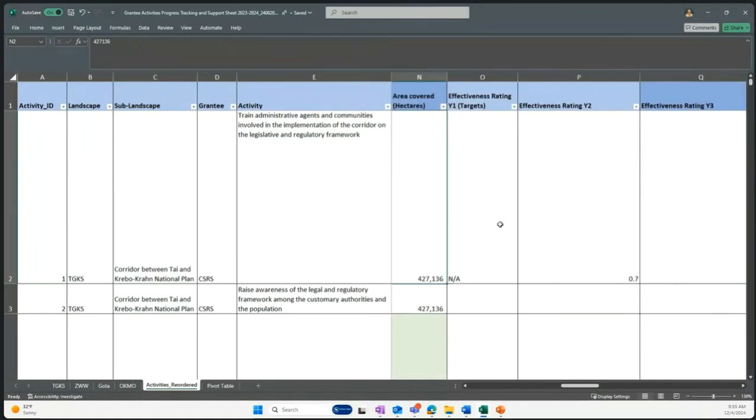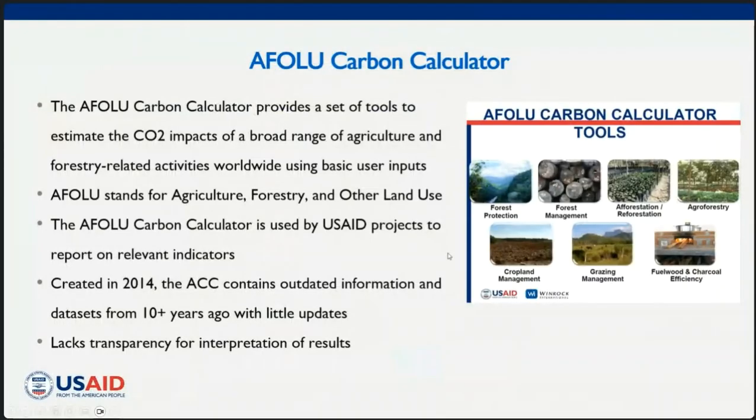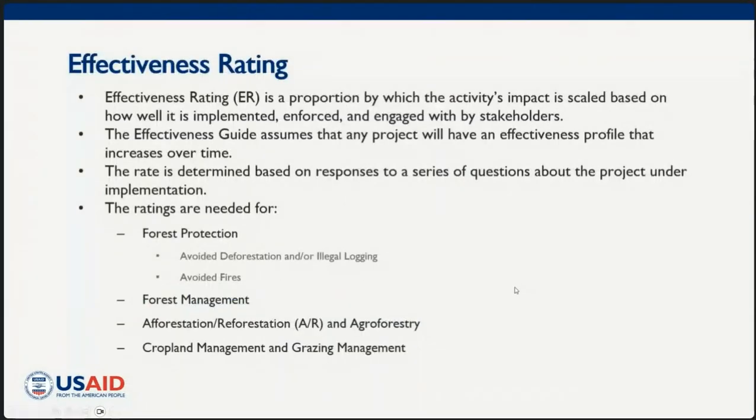And then we have effectiveness rating. Our year 1 activities were still being started up for some of the grantees, and so year 2 is when we start to see actual effectiveness rating values. With that, I'm going to jump back to the PowerPoint and pass it over to John to talk a little bit more about what effectiveness ratings are.